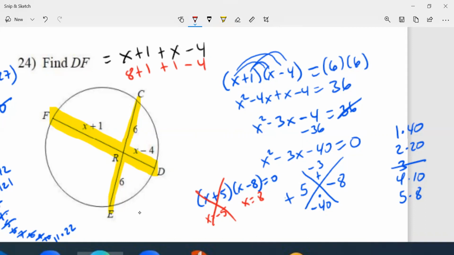Oh no, here this is supposed to be an 8. Okay, so x plus 1 plus 8 minus 4. I forgot, sorry. So it's 8 plus 1 plus 8 minus 4. That happens to be 13, right? So my whole measurement is 13.